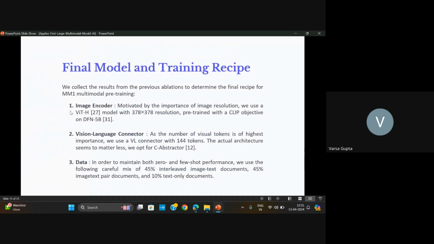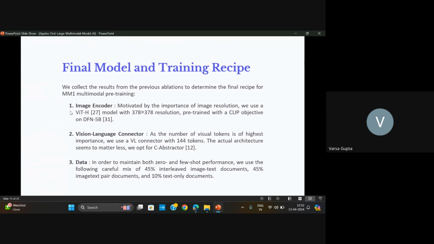Now, based on the previous results of the ablation, a final recipe for the MM1 model is prepared, which contains three components: image encoder, vision language connector, and data. For the image encoder, we saw in the previous slide that image resolution is more important. So we use the vision language transformer with the variant H and image resolution of 378 by 378.